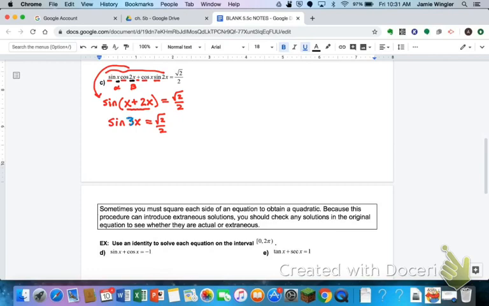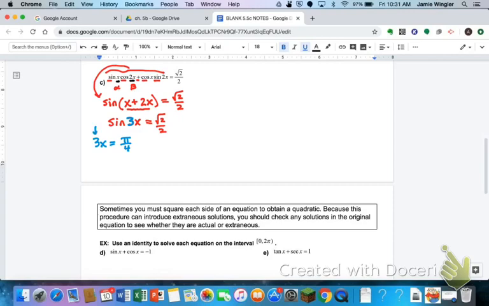If there's a multiple in front of your angle, you ignore it for now, and you ask yourself, where is sine equal to radical 2 over 2? And I know that it equals radical 2 over 2 at pi over 4, but in this problem, I have to put a 3 right there.